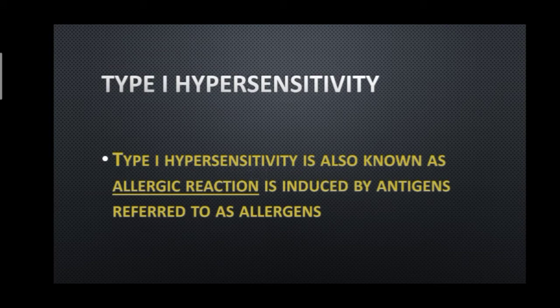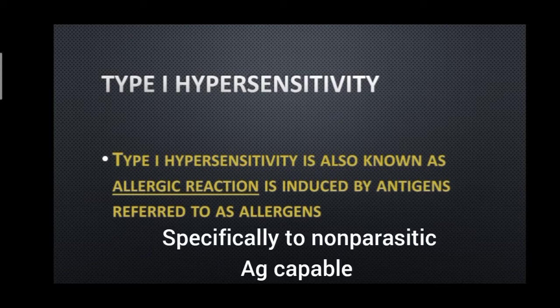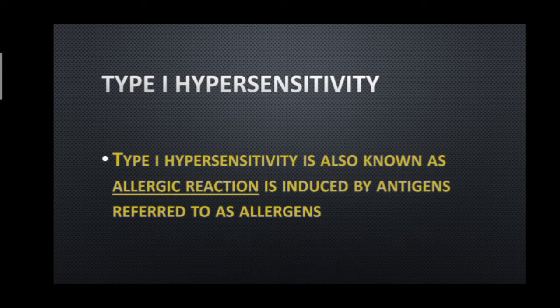Type 1 hypersensitivity, also known as allergic reaction, is induced by an antigen referred to as an allergen. The term allergen refers specifically to non-parasitic antigens capable of stimulating a type 1 hypersensitive response.